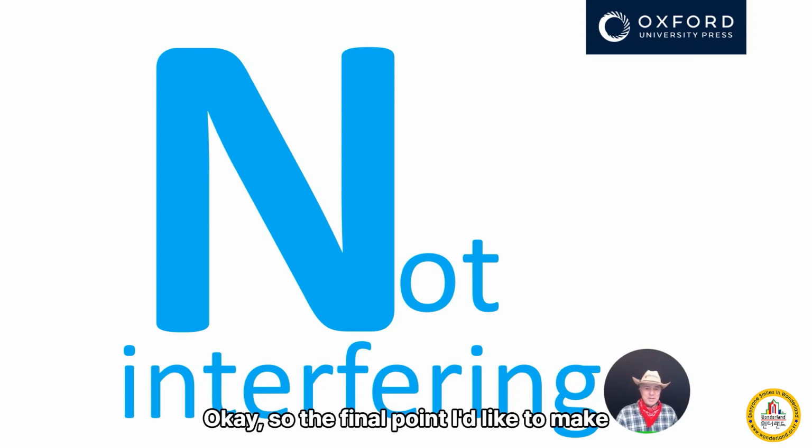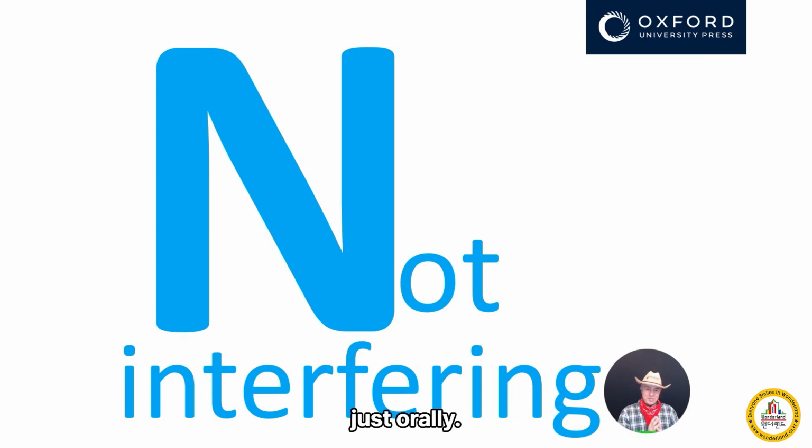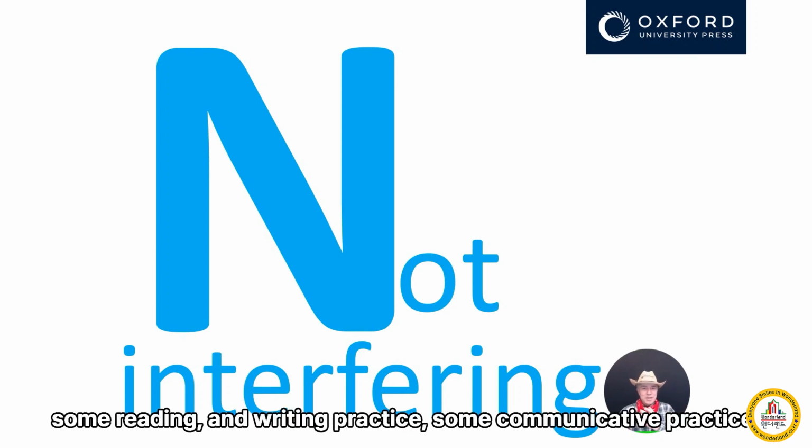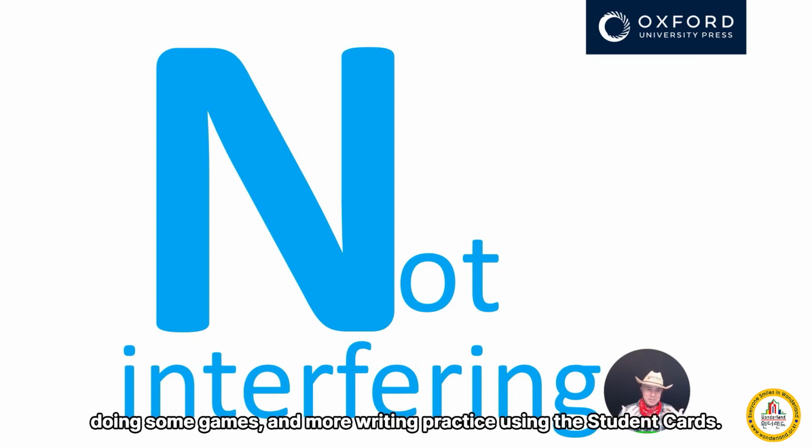Okay, so the final point I'd like to make today is the concept of not interfering. So we started off the lesson reading a story together just orally, okay? Leaving the ending, introduce the phonics, do some blending practice, some reading and writing practice, some communicative practice, doing some games, and more writing practice using the student cards.